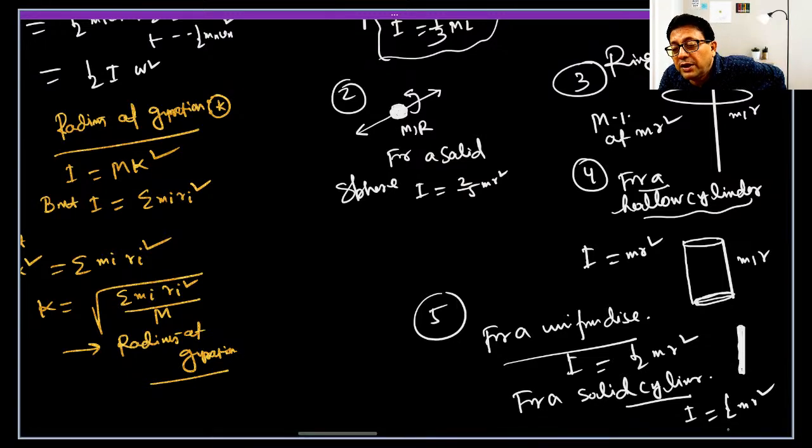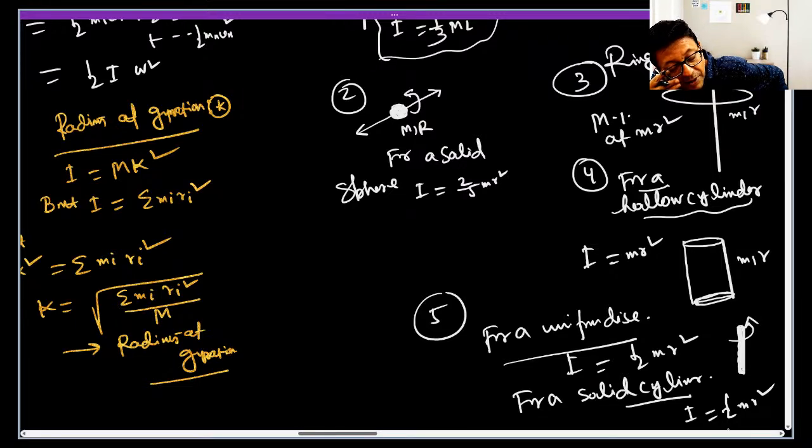If it rotates about its axis, then moment of inertia is 1/2 mr square, because it is made of many smaller discs, which form the solid cylindrical object. Clear? Only keep these formulas in mind.